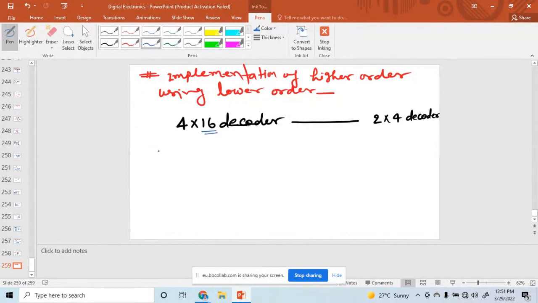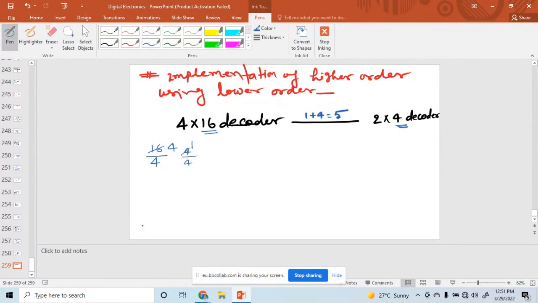What is the value of 16? 16 divided by 4, since you want to convert to 2 to 4. What is the value? 4. And again 4 divided by 4. What is the value? 1. So 1 plus 4, that is equal to 5 decoders needed. Is that clear? Yes, sir.